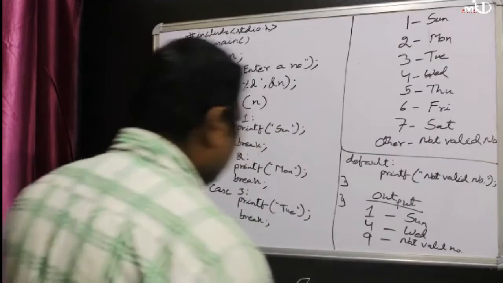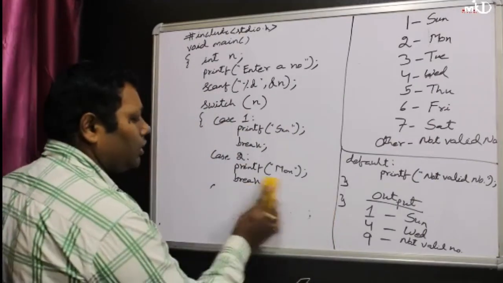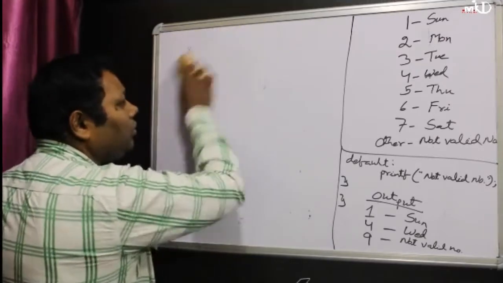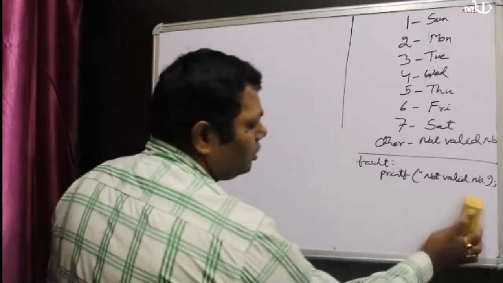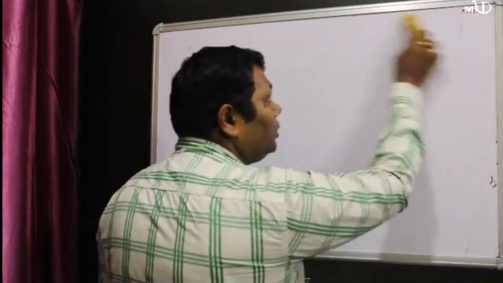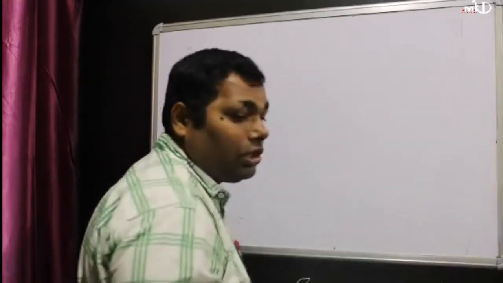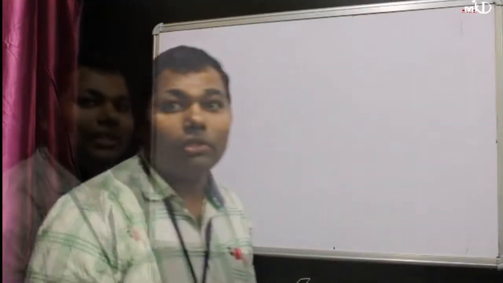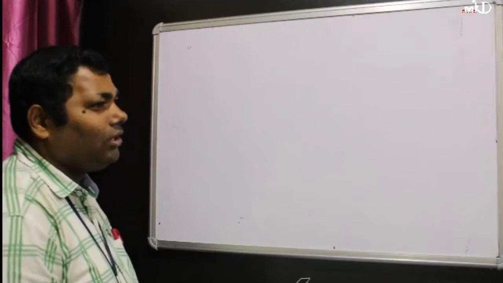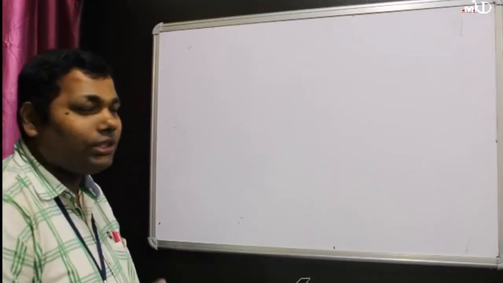So if and switch case are the conditional statements. As per your requirement, you can use any one. Like the conditional statements, there are some other jumping statements. They are actually called unconditional statements.